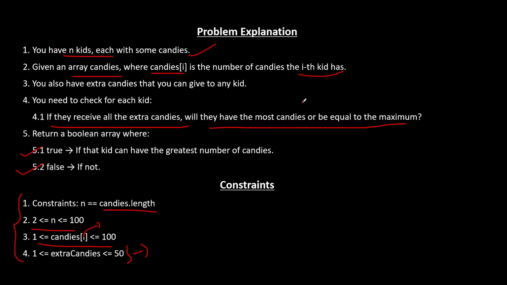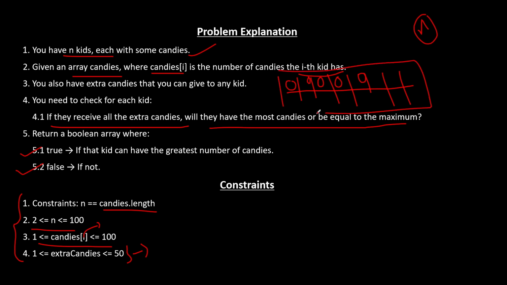This question is trying to say that we have an array which consists of n number of kids. Each kid has some candy. Could it be 3, 4, 5, anything? Now the question is trying to say that you have extra x number of candy. So in this array, suppose there is a kid which has the maximum candy.